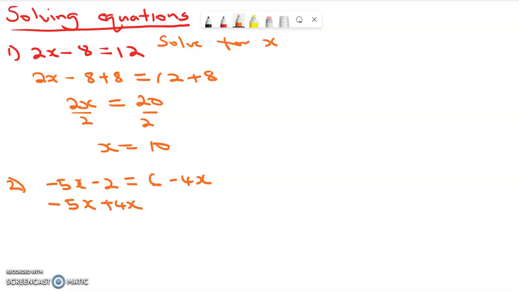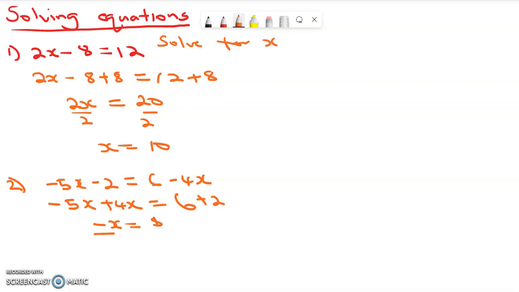So 4x was a negative on the right hand side, so it will appear as positive on the left hand side. So is equals to 6 plus 2, right? So it's negative 5x plus 4x equals to negative x equals to 6 plus 2, which is 8.